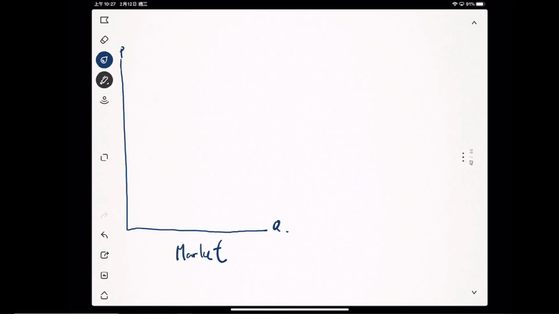Okay, so what is a wish list? Basically, that is their demand schedule and supply schedule. When you group all the demand schedules and supply schedules together, you are going to find two curves, right?